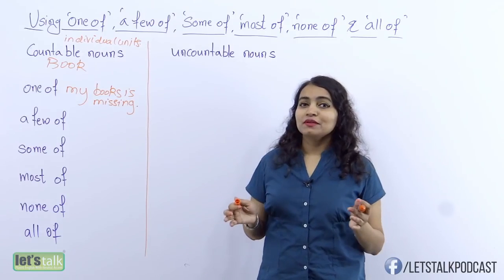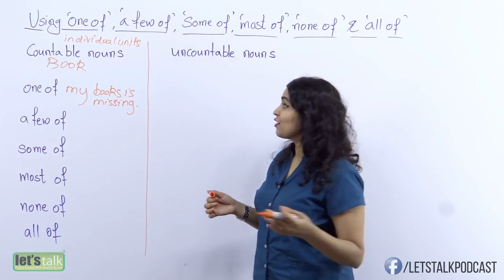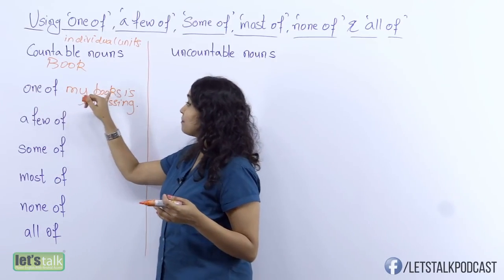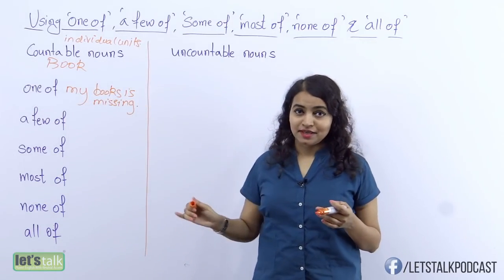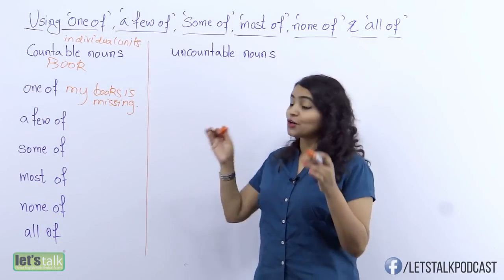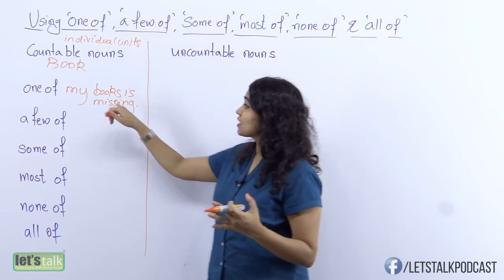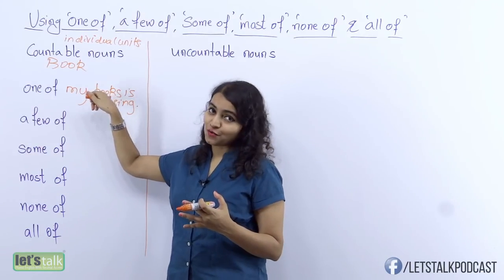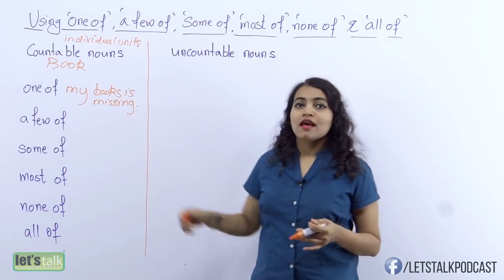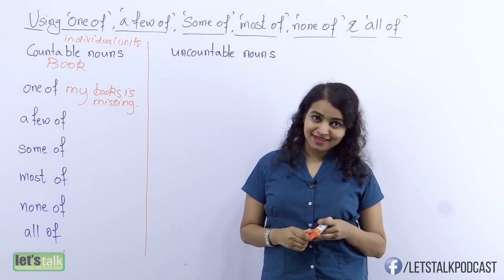Now, a lot of people make a very common mistake of just saying one of my book is missing. But the correct way of actually writing this sentence is using the plural form of the word book, which is books. Now, I'll tell you why people make this mistake.